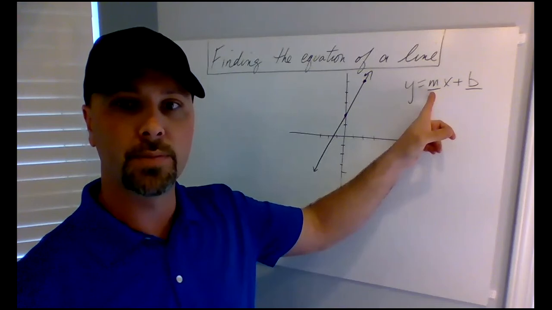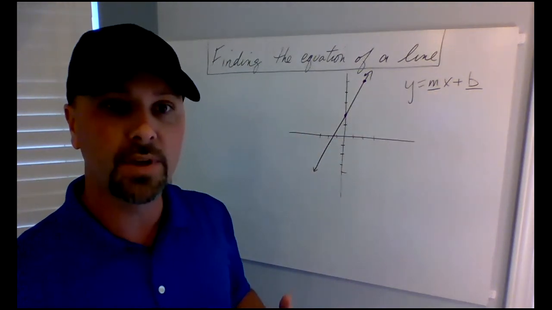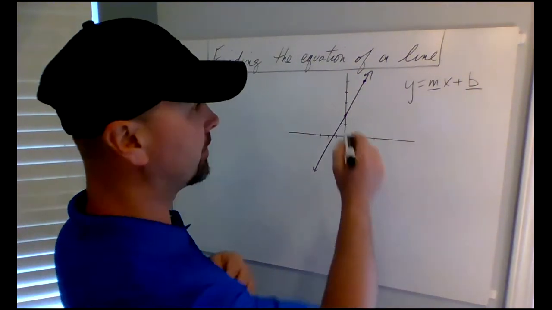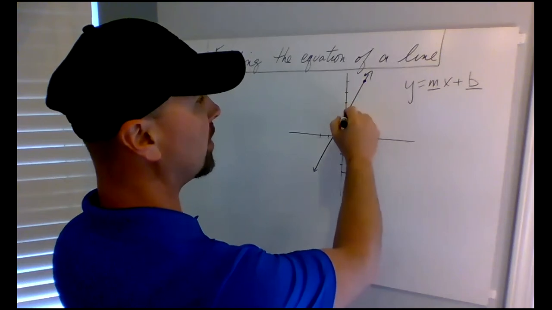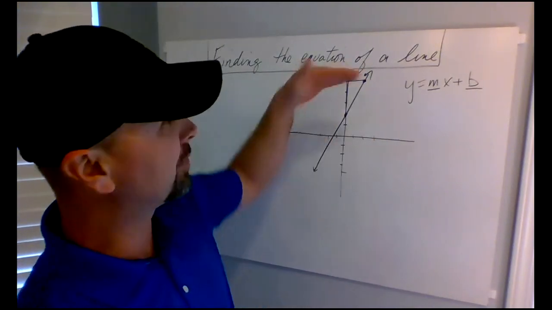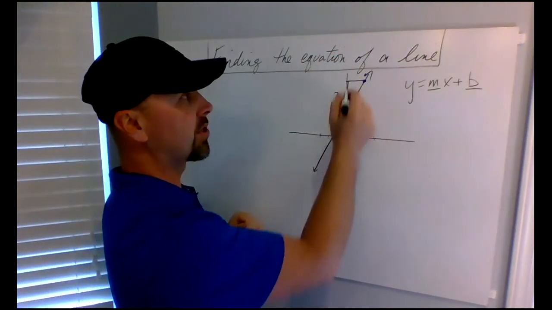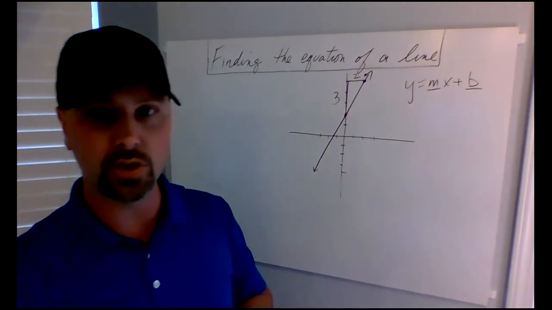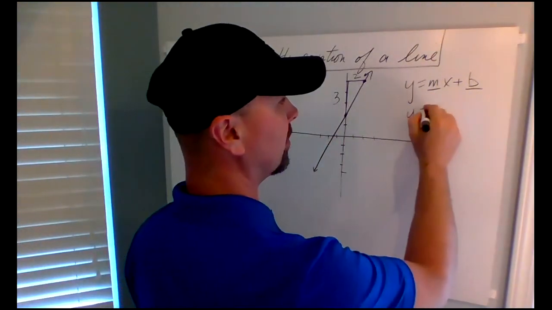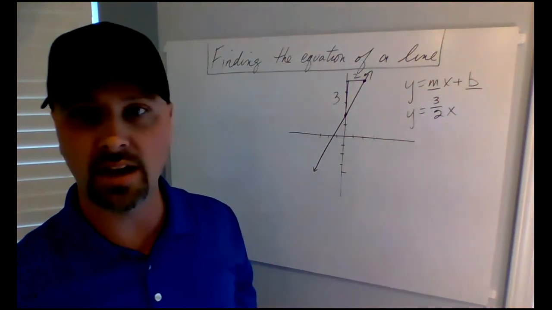So first off, we know that the number for the slope is going to be a positive number. The second part of slope that we need to figure out is the rise over run, from one point to another. In this worksheet, they gave us both of these points here. So all we need to do is see the two dimensions of that slope triangle, the rise and the run. It looks like it's a rise of 3 and a run of 2. So what we know about the equation of this line is y is equal to the slope attached to the x.